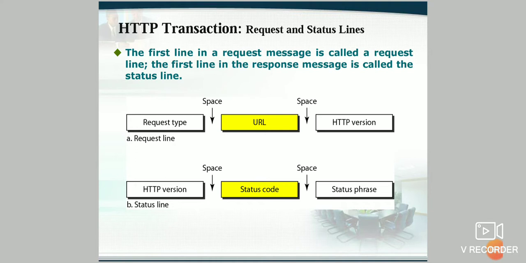The first line in a request message is called the request line, and in the response message it is called the status line. In both cases there is one common field, which is the HTTP version. Next we will discuss the request line and the status line and their fields.